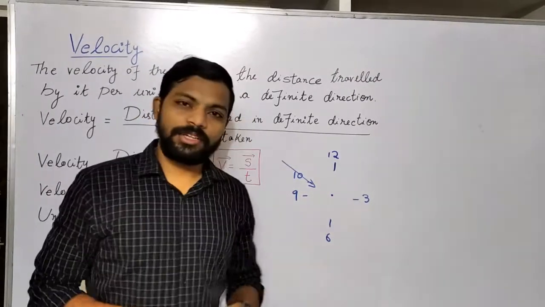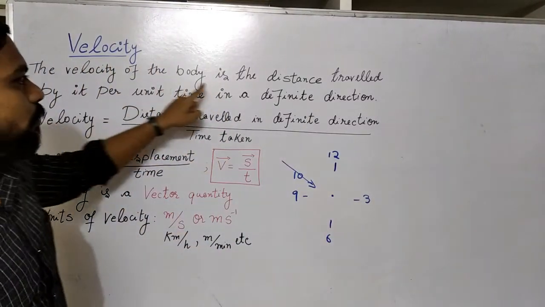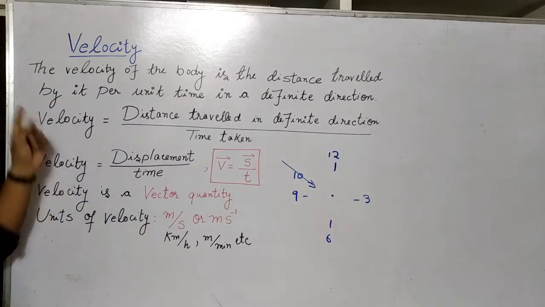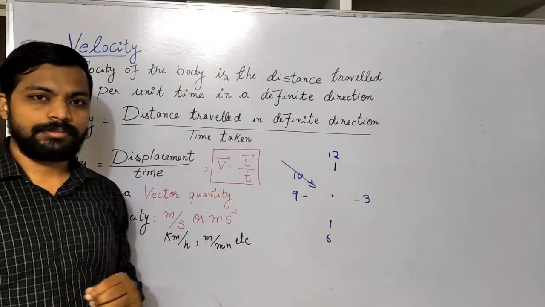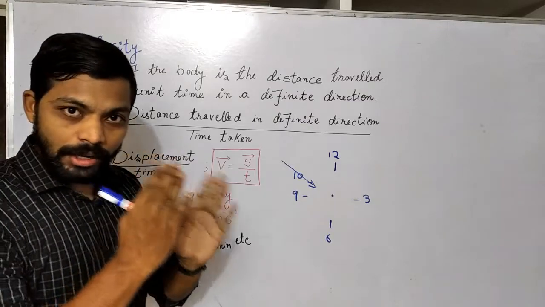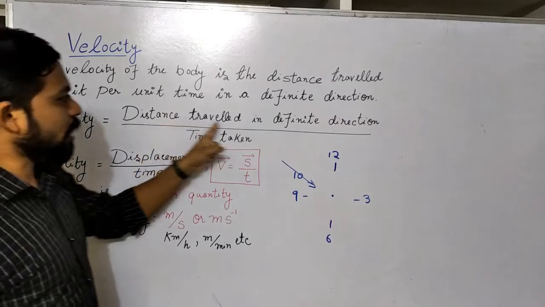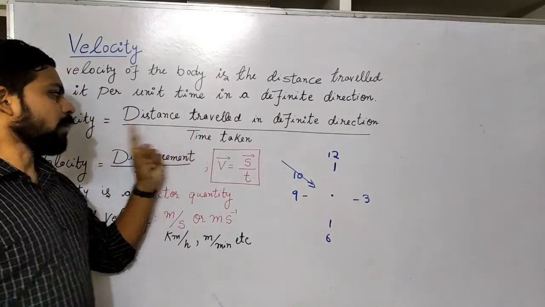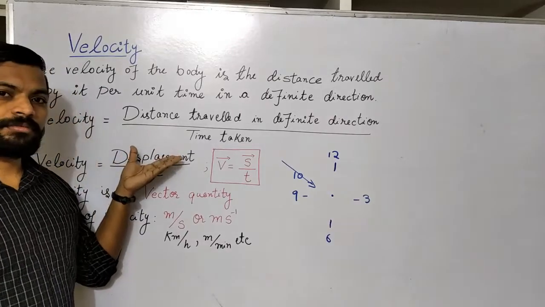So we'll start with the definition. The velocity of a body is the distance traveled by it per unit time in a definite direction. It should be in a definite direction. Velocity is equal to distance traveled in a definite direction by time taken. It is very similar to the formula of speed.